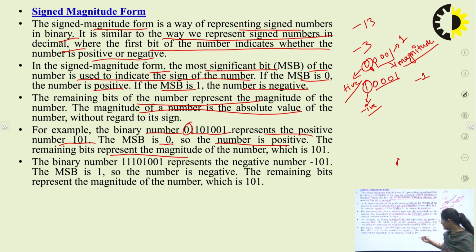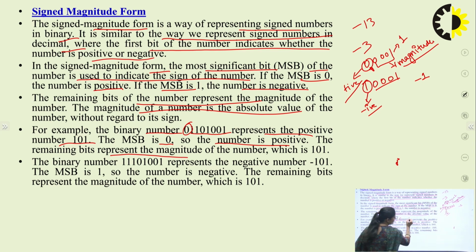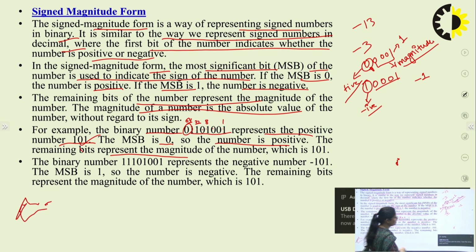So in binary, we count the place values as 1, 2, 4, 8, 16, 32, and after 32, 64. So when we add 64, 32, 8 and 1, we will get 101 as our number.